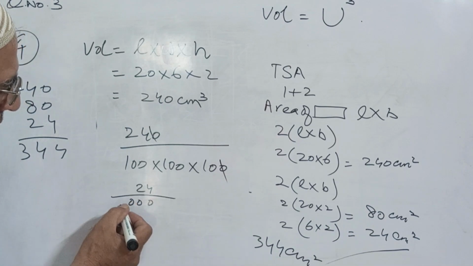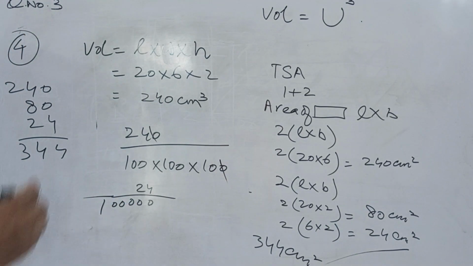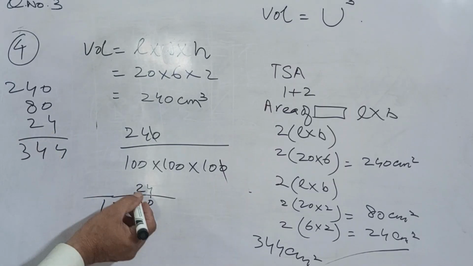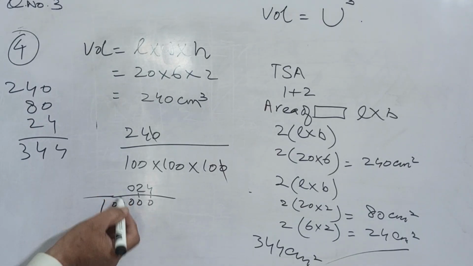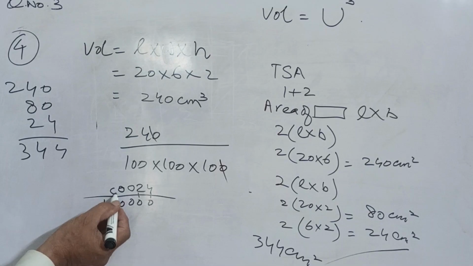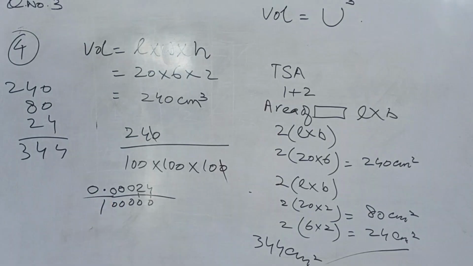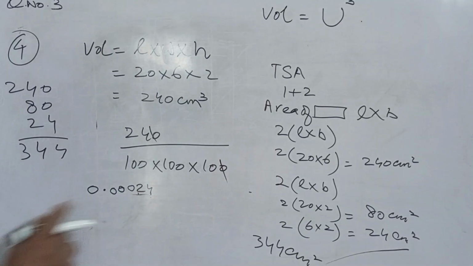My dear students, see that this 0 is written upon 2, 4, and the rest of the 3 zeros are spare. So just write these 3 zeros over here, put a point over here and put a 0. Now this is your answer in meter cube.